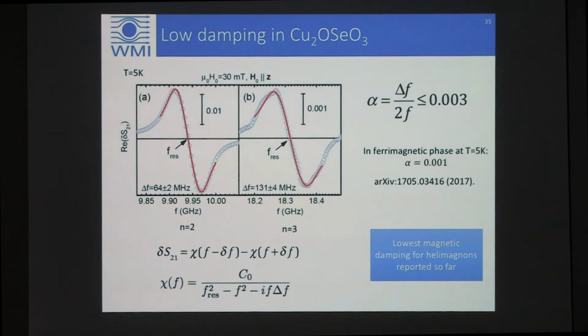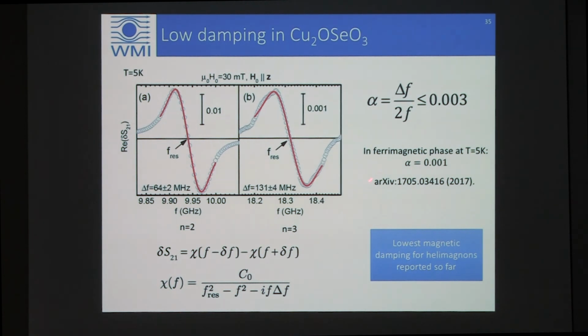And here we can only give an upper limit for the damping because our field resolution was not fine enough to really resolve it. So these lines are a bit over-modulated, which is considered in the fit. But this is an over-modulated resonance line, so this is only an upper boundary.